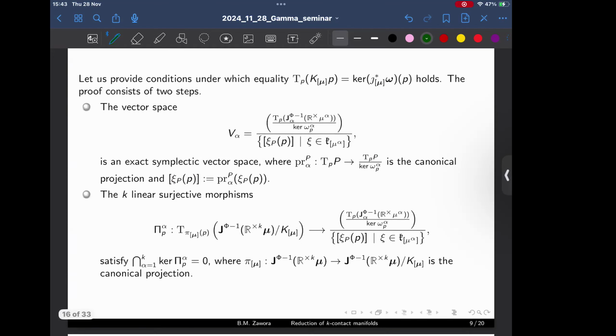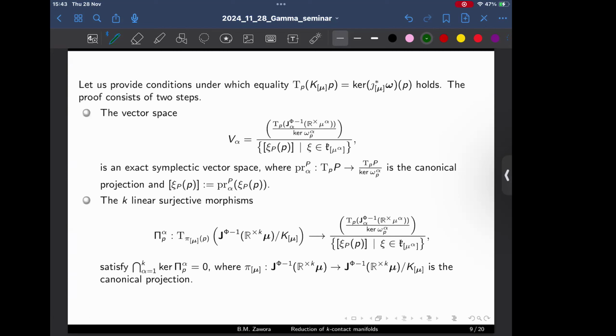And the second step is to show that the k-linear surjective morphism from this space, which is our candidate for the reduced k-symplectic manifold, satisfies that the intersection of the kernels is equal to 0, and that they are surjective.